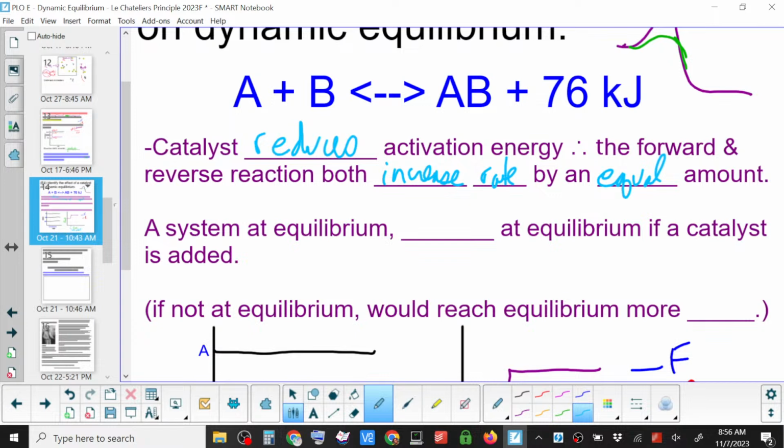Therefore, a system at equilibrium, when you add a catalyst, stays at equilibrium.